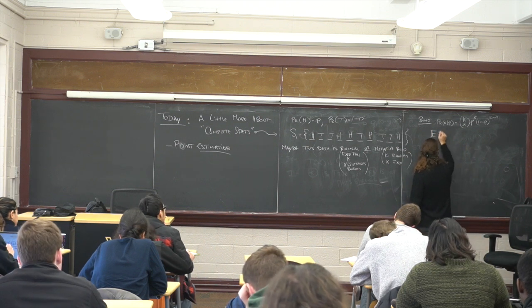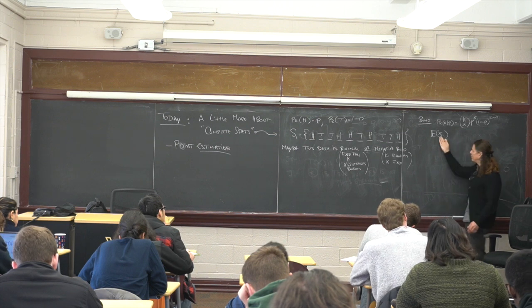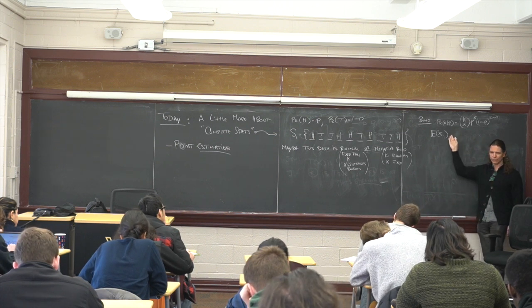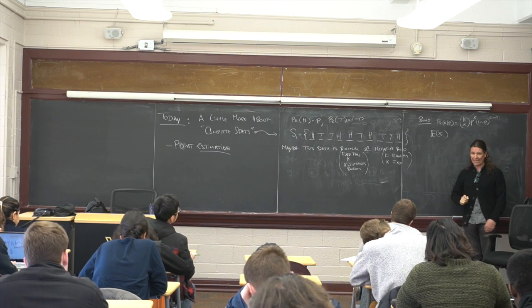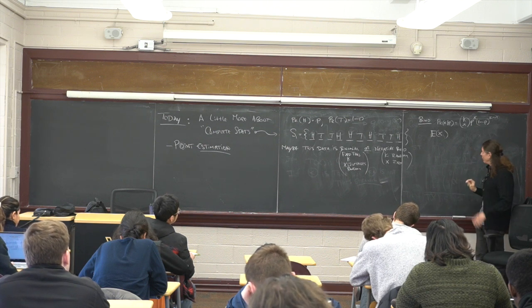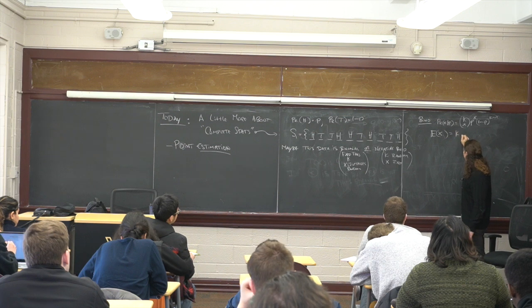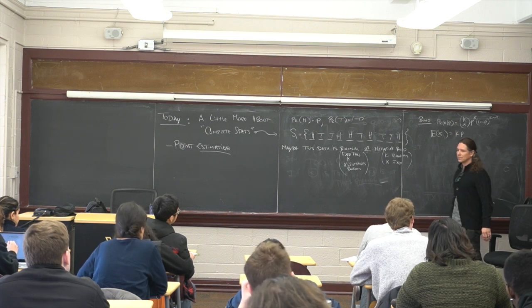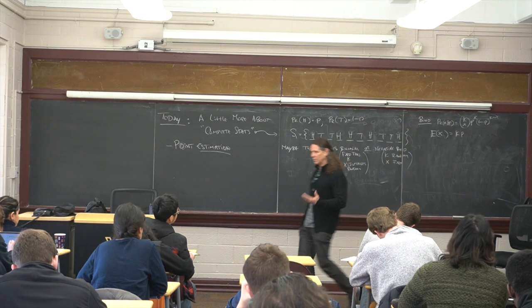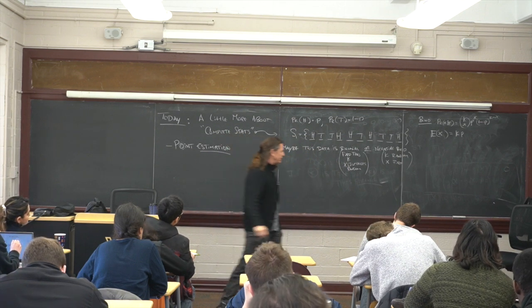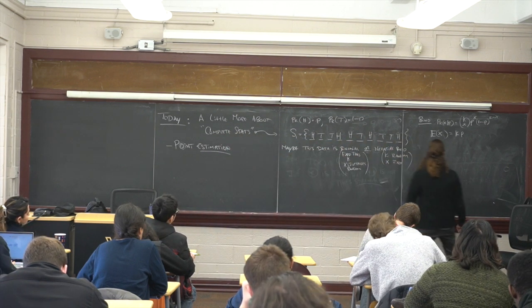Expectation of this, I'll leave off the p, but if you want to write it in, if you're as neurotic as I am, you can do that. We all mean the same thing. This thing is equal to k times p. So probability times the number of trials is the expected number of successes.